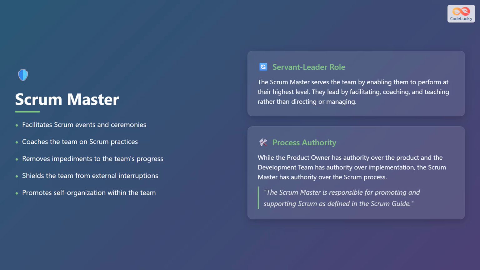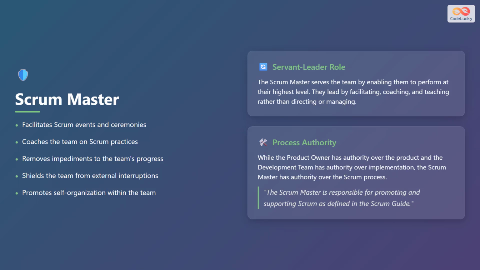The Scrum Master is a facilitator and a coach for the development team. The Scrum Master ensures that the Scrum framework is being followed correctly and removes any obstacles that are preventing the team from achieving its goals. Responsibilities of the Scrum Master include facilitating Scrum events and ceremonies, coaching the team on Scrum practices, removing impediments to the team's progress, shielding the team from external interruptions, and promoting self-organization within the team.